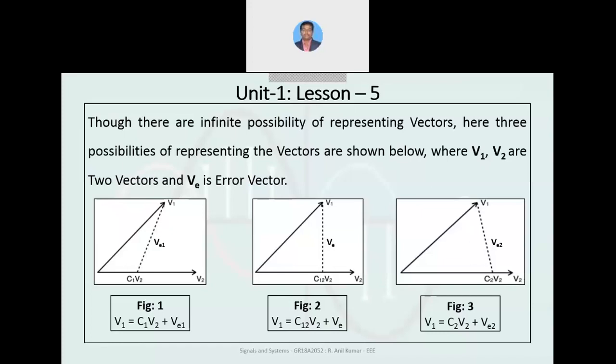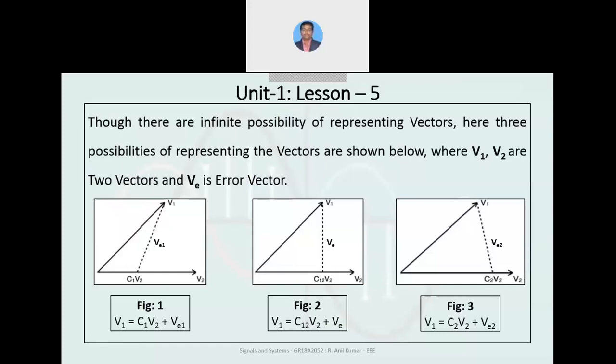Here we can express v1 along with the error vector with infinite possibilities. We can express any infinite conditions, but here we are representing only three conditions.